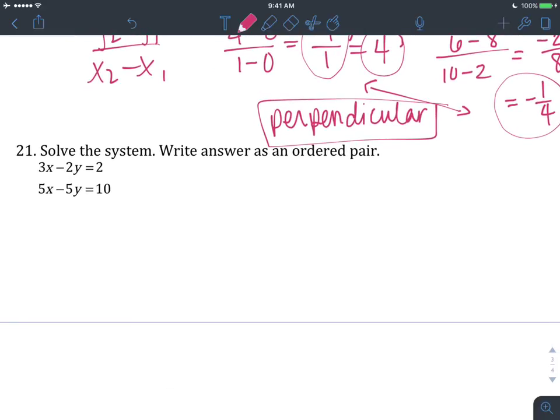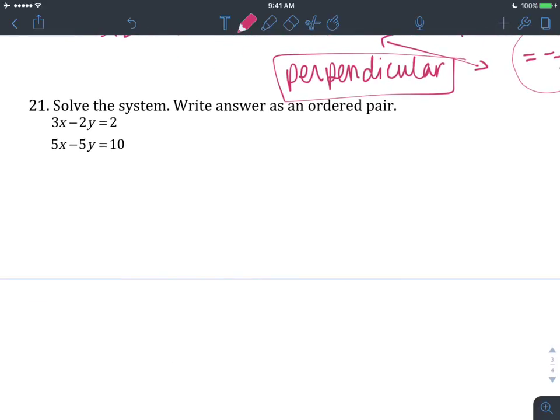All right, last one. So we have to solve the system. So what I'm going to do is multiply this bottom one through by 2 and this top one by negative 5. Remember, we need one to be positive and one to be negative. So I'm going to make that y negative. If we do that, we're going to have negative 15x plus 10y equals negative 10.